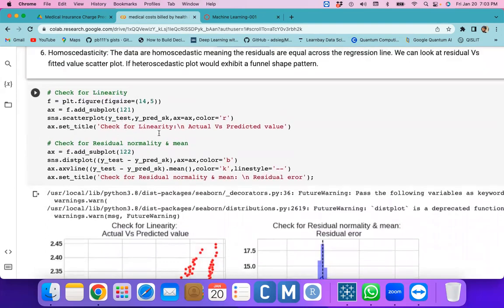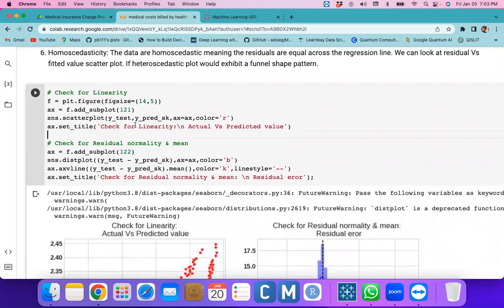This is the assumption part. What assumption would we like to check? The linearity assumption, right? Linearity for what to what? Actual and predicted. So we are plotting two graphs.